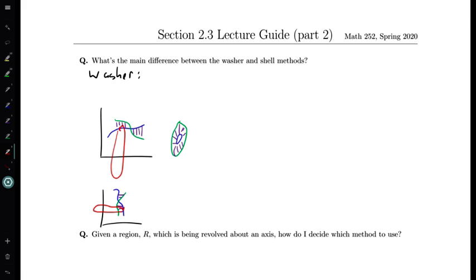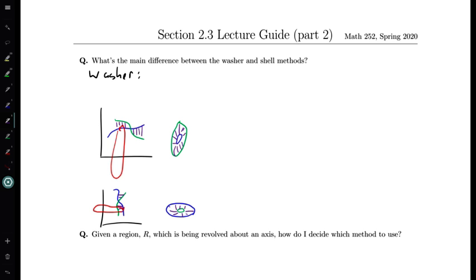So here we were taking this blue function and forming the outer radius, and this green function forms the inner radius, at least where I've drawn that red circle. And then these horizontal line segments form the inside and the outside of the washer. So that was the depiction of our washer method.